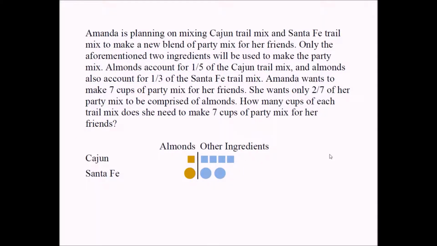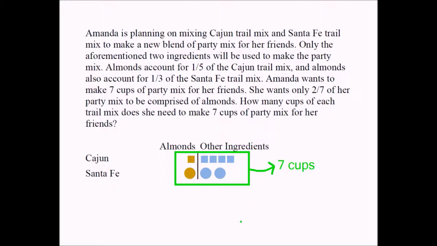Now, Amanda wants to make 7 cups of party mix, and that tells me that this whole thing has to be 7 cups. I'm going to write 7 cups right here. Okay, she will use some Cajun trail mix and she will use some Santa Fe trail mix, and the two trail mixes should together add up to 7 cups.